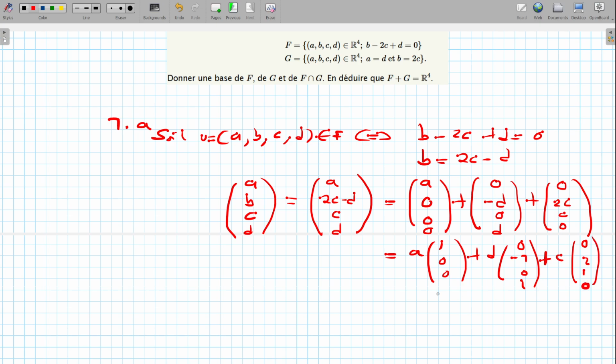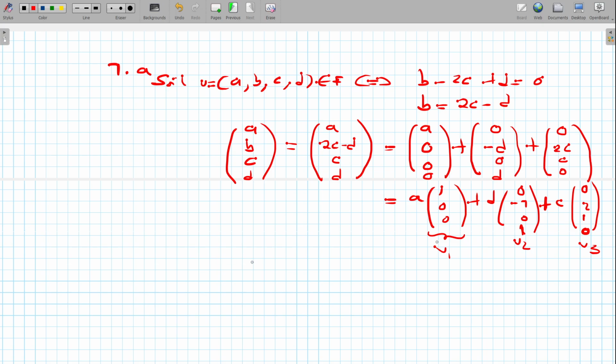So this is our vector v1, this is our vector v2, and this is our v3. So here we can say that F is equal to Vect of v1, v2, and v3, like so.